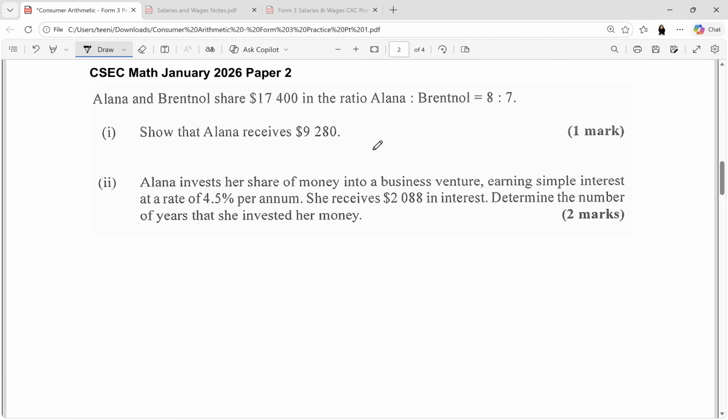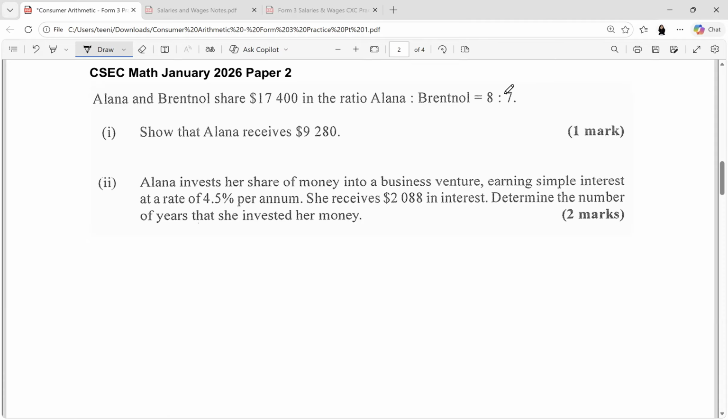Guys, I don't know if you all have done proportion before, but the ratio 8 to 7 means that the total number of shares that this money is divided into is 8 plus 7 shares, which is 15 shares. And out of the 15 shares, Alana receives 8 of them and Brentnell receives 7 of them. I personally find that whenever I'm doing ratios, I like to think of it in terms of shares and then in terms of fractions, right?